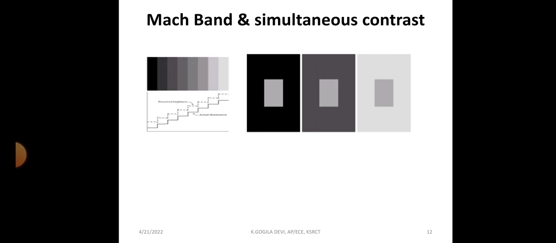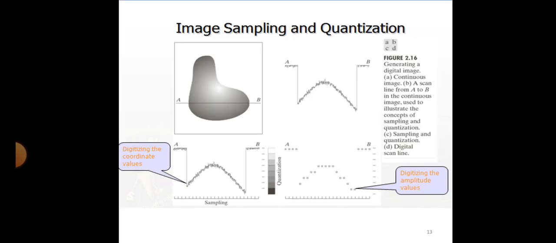But in simultaneous contrast, we place the image on different backgrounds, so the same intensity of the image is placed on different background gray values. Here image sampling and quantization is represented.